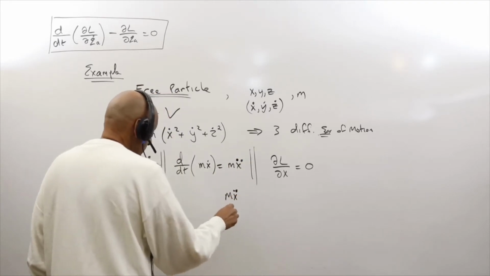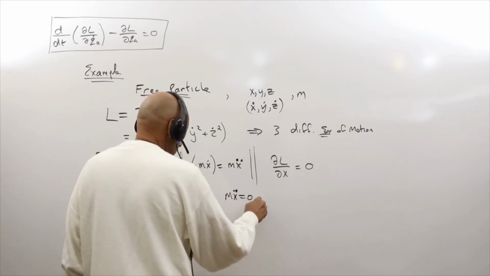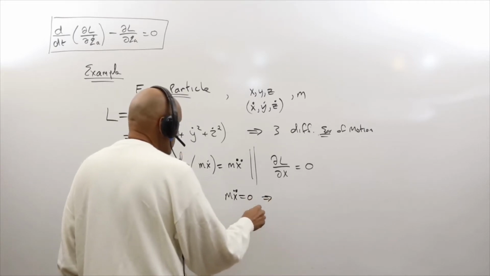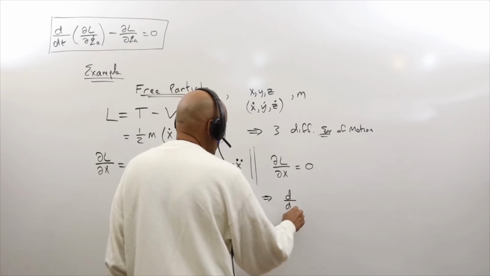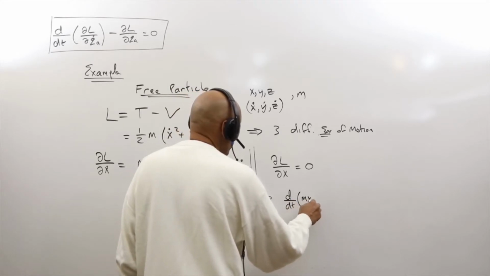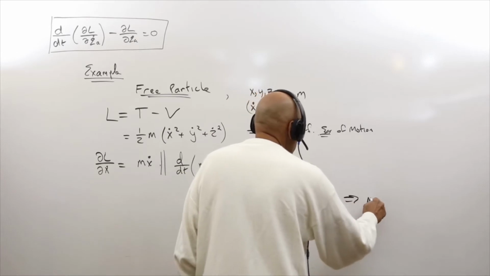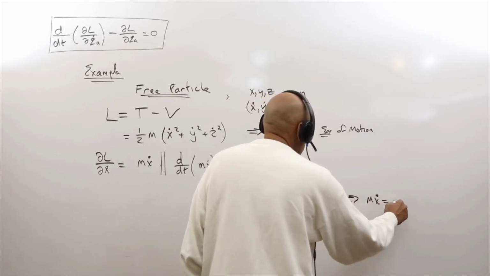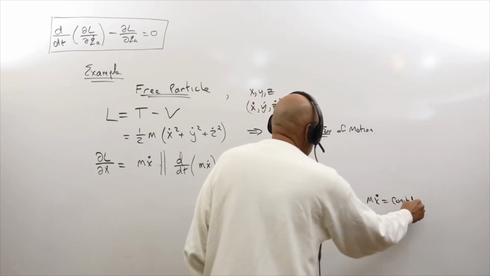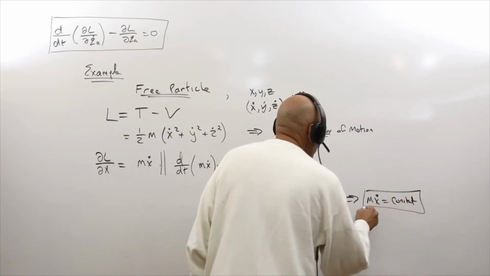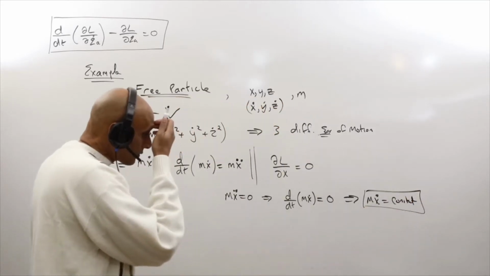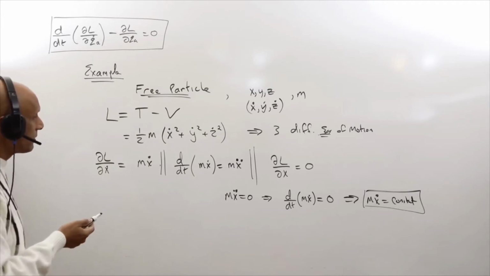I can solve for this, but I want you to notice that one of the first things you should notice is that it's exactly the same as taking the derivative of m x dot equals 0. This means that x dot is a constant. We can repeat this for x, y, and z, and you can see there's a symmetry in these equations.